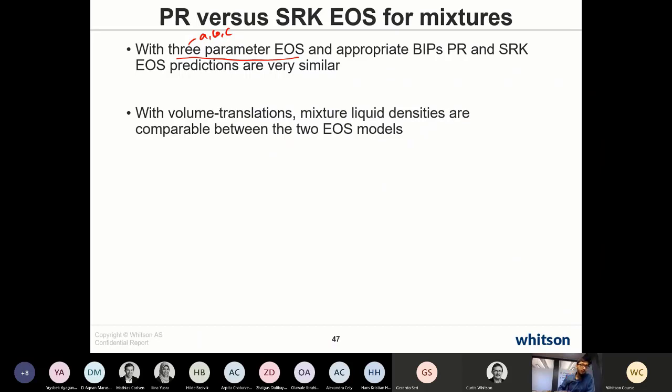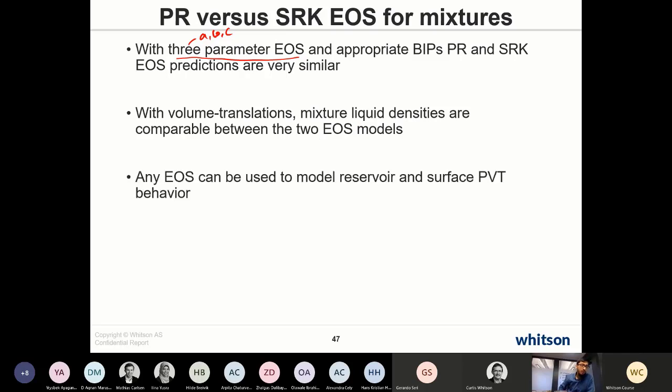And when we have this third parameter in the EOS model, the mixture liquid densities are also comparable between the two EOS models. So in terms of prediction, they are very comparable, and either EOS model can be used to model the reservoir and surface PVT data.